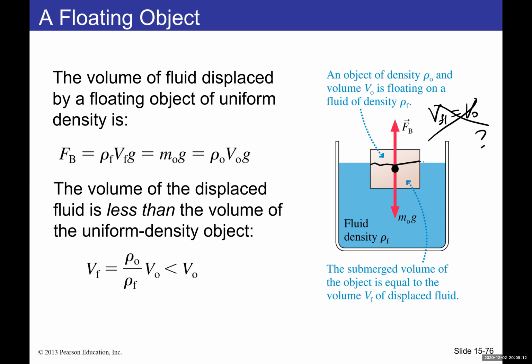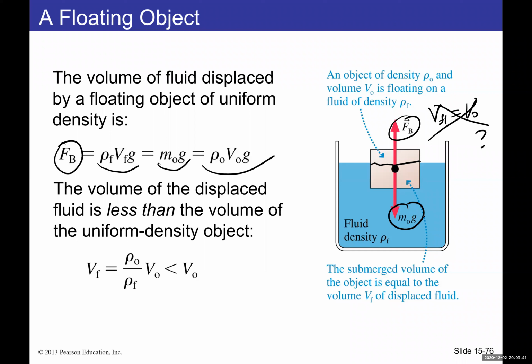In that case, for a floating object of uniform density, the buoyant force, density of the fluid times volume of the fluid times g, equals the mass of the object times g, which equals density of the object times volume of the object times g. Because if the object is floating, then the buoyant force is exactly equal to the gravitational force.